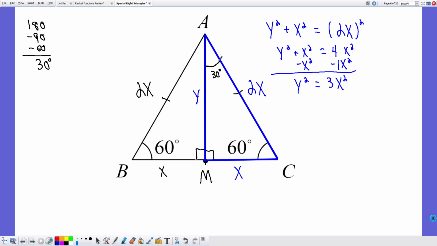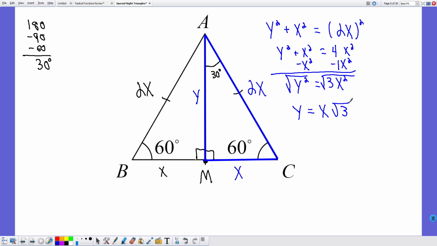If I'm going to solve for y, again, we're going to take the square root on both sides. I'm left with y equals. Now, I could separate it out like I did last time, but I think we kind of get the gist. The square root of x squared is just x. And then the square root of 3 isn't going to simplify at all. So we're going to keep it the way it is.